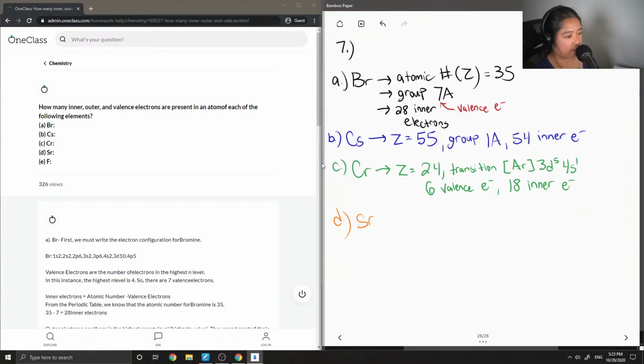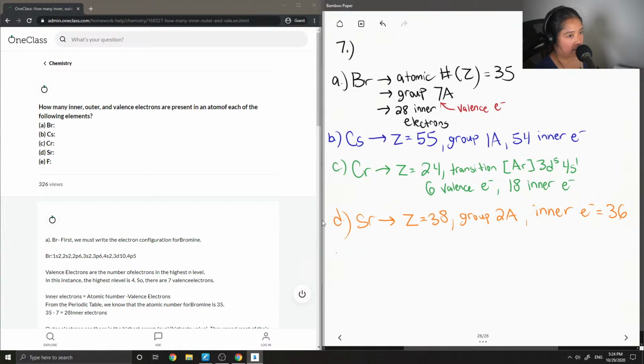Okay, let's do the same thing for strontium. Its atomic number is 38. It's in group 2A. So 38 minus 2 is equal to 36.